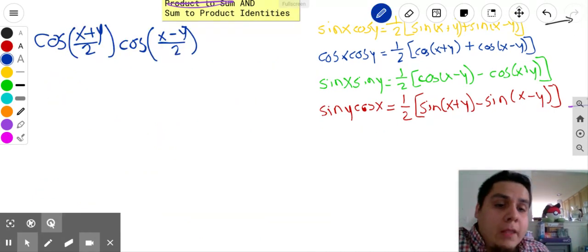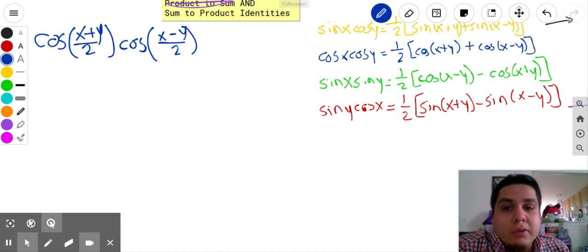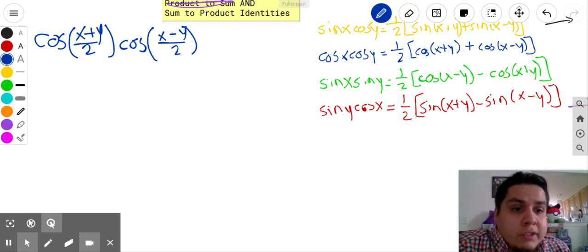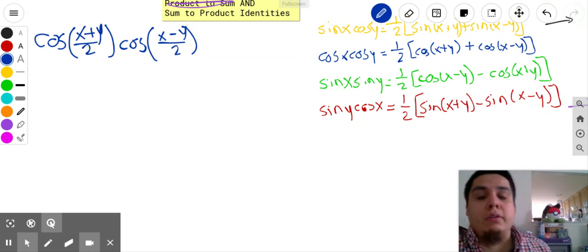All right, so now we're going to talk about cosine of x plus y divided by 2 multiplying a cosine of x minus y divided by 2. So because it's cosine times a cosine, I'm going to use the blue equation, that's why I chose blue right now.